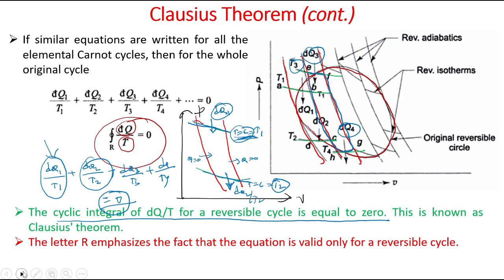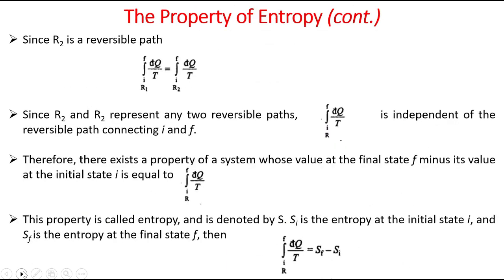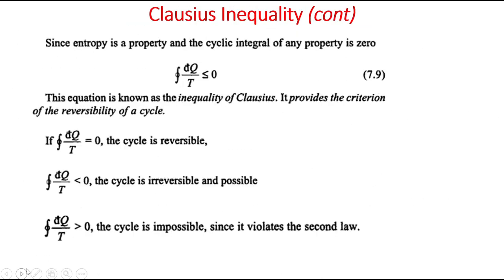From the Clausius theorem, we derive a relation called the Clausius inequality. In the Clausius inequality, we have three conditions: condition 1, condition 2, and condition 3. Condition 1 says the cyclic integral of dQ by T equals 0.